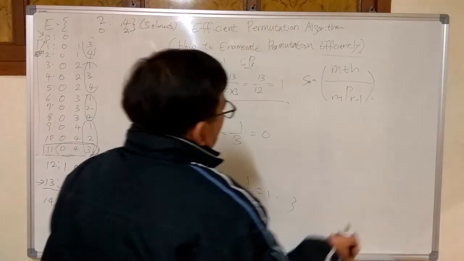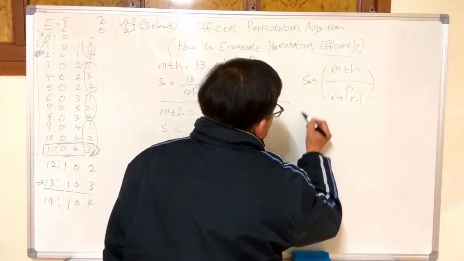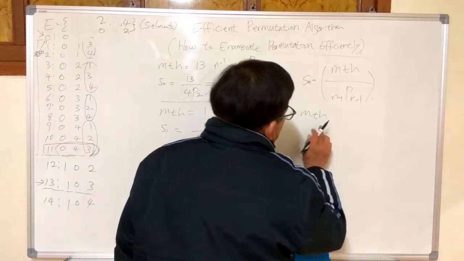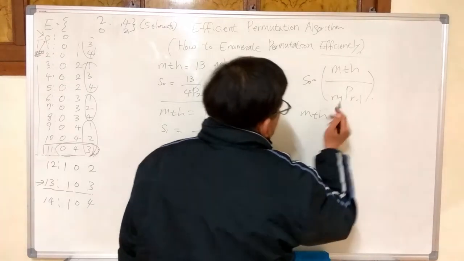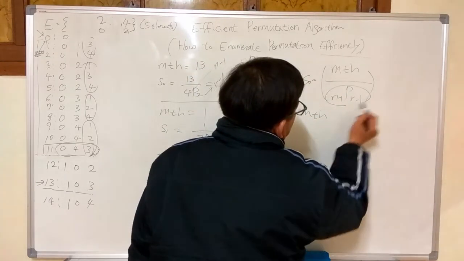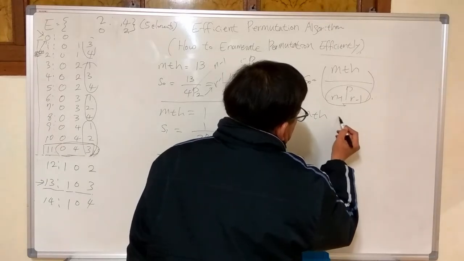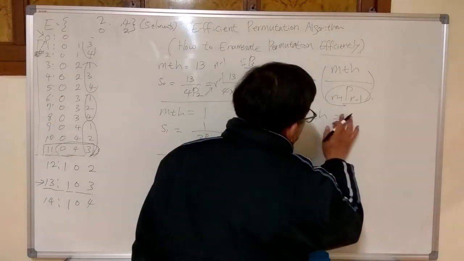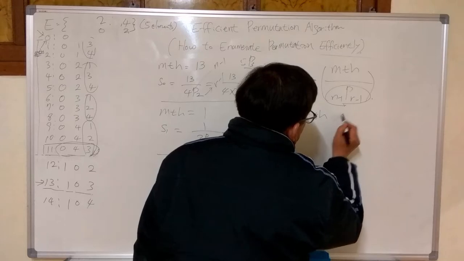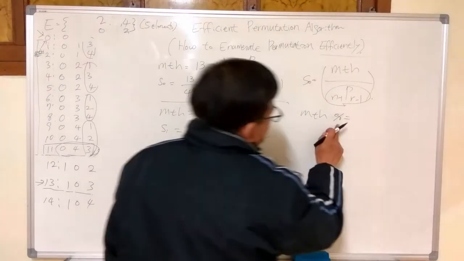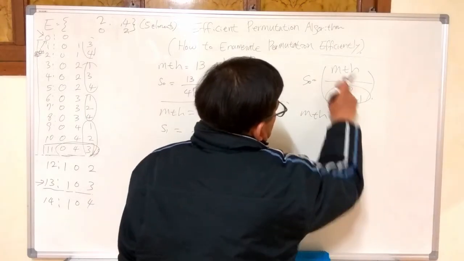Then after this we said the next is the remainder divided by this number. We can calculate the remainder like this.